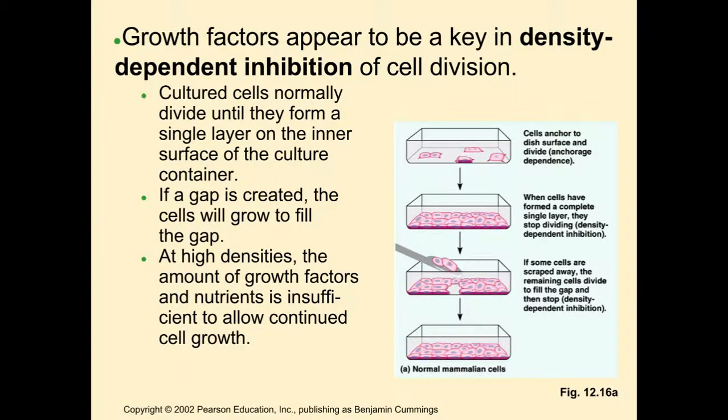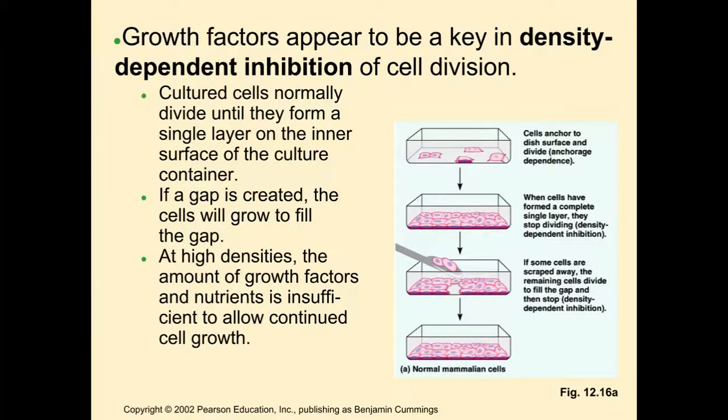And then growth factors appear to be key in density-dependent inhibition of cell division. Basically, the growth factors get reduced if there are too many cells. So cultured cells normally divide until they form a single layer on the inner surface of the culture dish. If a gap is created, the cells will grow to fill the gap.